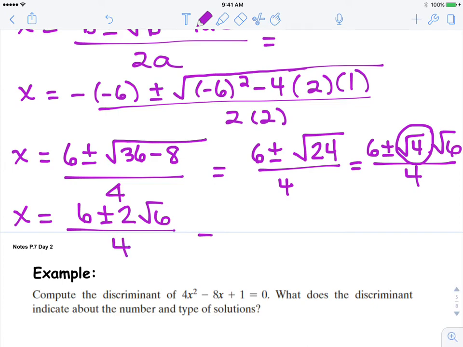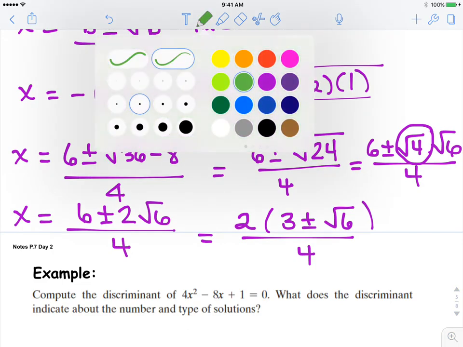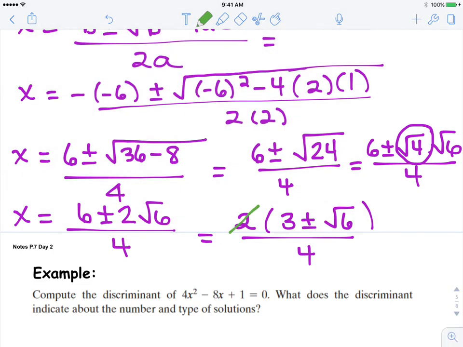And then we're going to factor the numerator. So we're going to take out the GCF of 2. We're left with 3 plus or minus the square root of 6 over 4. And now we can reduce by a common factor. The common factor between these two terms is 2.